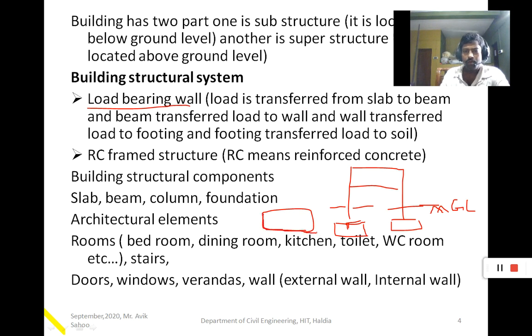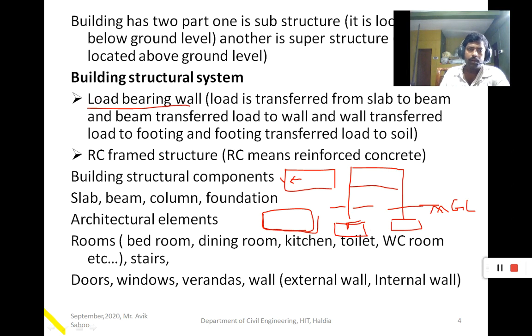The slab is supported on the beam, and the beam directly rests on the wall. The beam transfers load to the wall, and finally the wall transfers load to the footing, where a bigger footing is used. Finally the footing rests on the soil, so the footing transfers load to the soil.